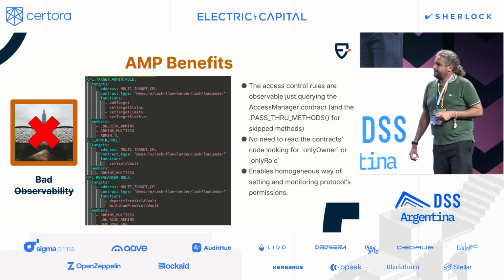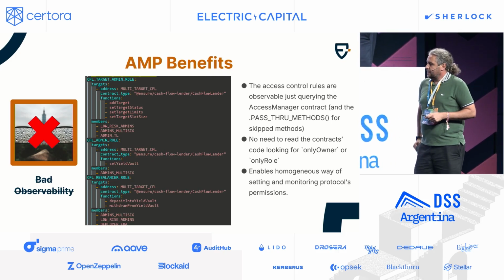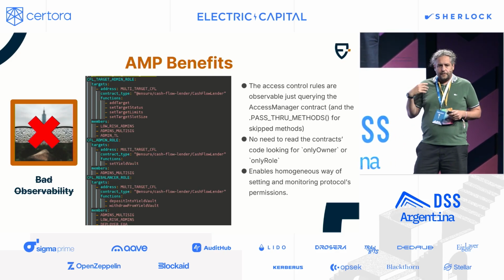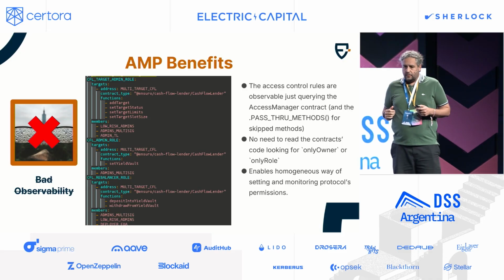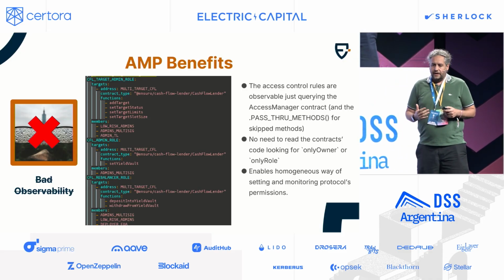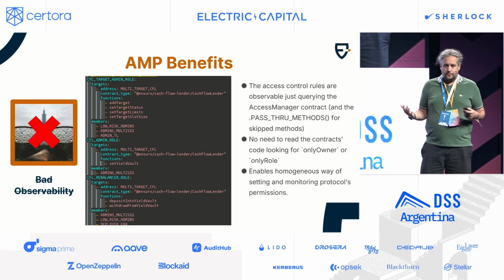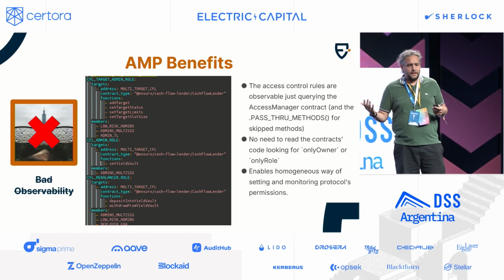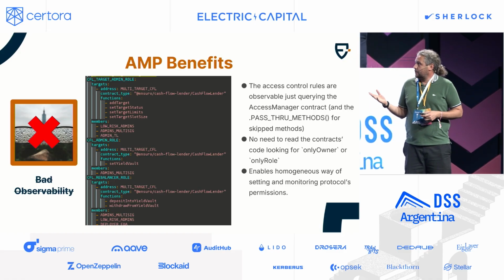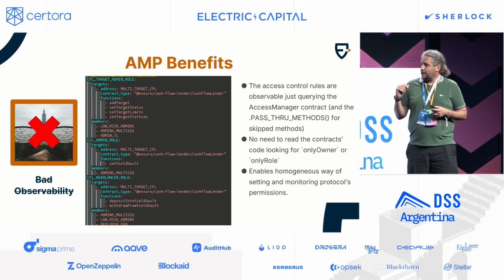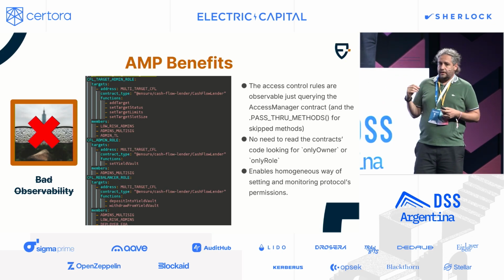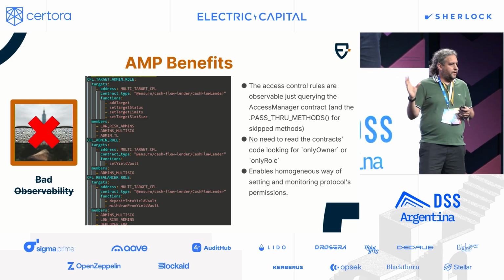And then a final benefit, and I think this is the most profound one, or the one that will have more impact if this is more used as a practice, is better observability. Because now, with this, all the access control logic can be queried from the blockchain.